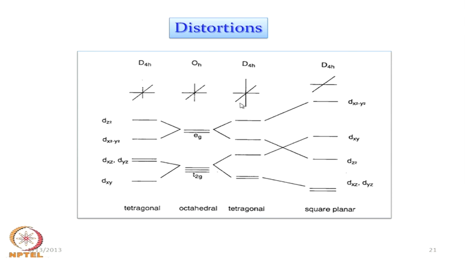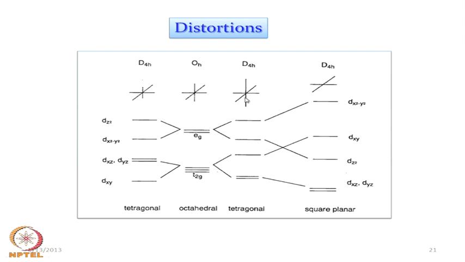So the crystal field pattern for tetragonal elongation is that the dxz and dyz will form the doublet, and the dxy is here, which will be destabilized compared to this, and we have the other two levels.